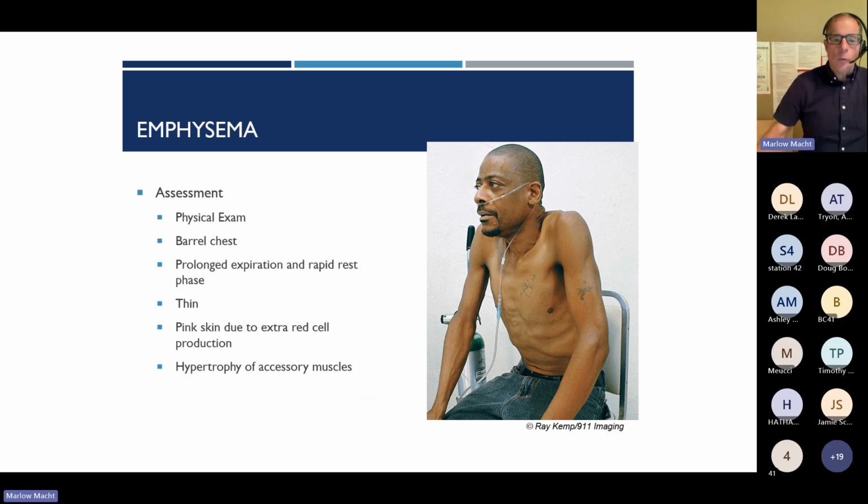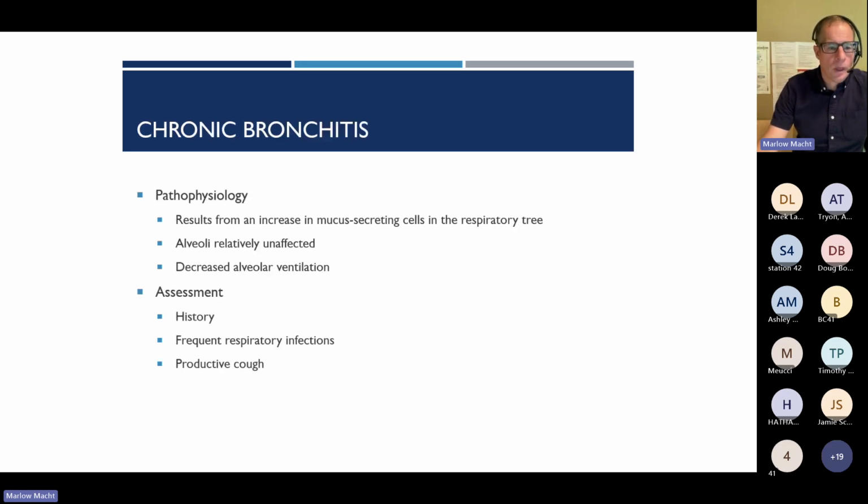Patients with emphysema tend to be the barrel-chested patients with prolonged expiration. They tend to be thin. They tend to be relatively pink because they produce extra red cells, and they tend to use a lot of accessory muscles because breathing always takes a little bit of extra work for them.